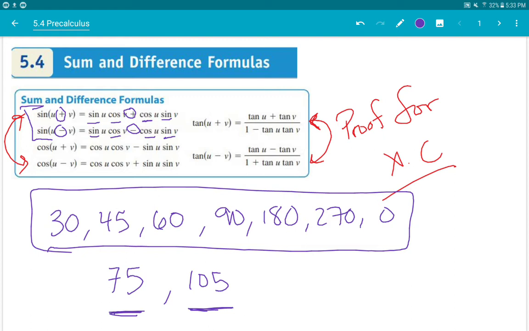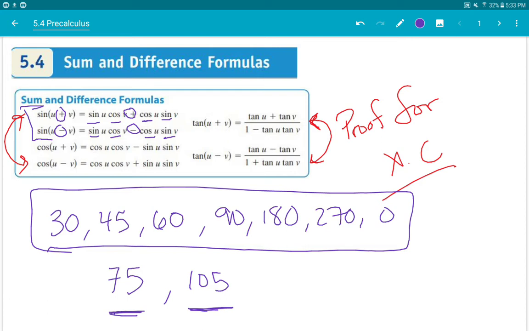It doesn't matter which way you write it, sine first, cosine first, it's the same. But the idea is you're going to take the sine of the first part of the sum times the cosine of the second part of the sum, plus the cosine of the first part of the sum times the sine of the second part.